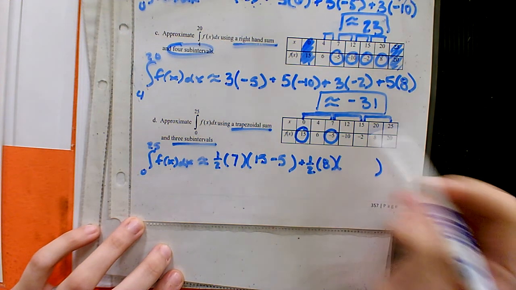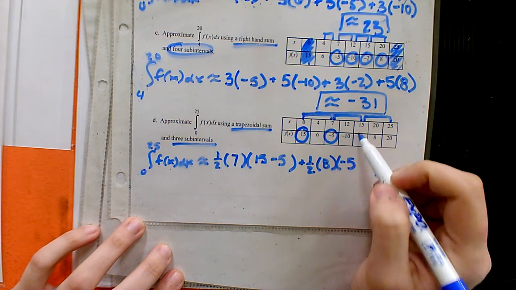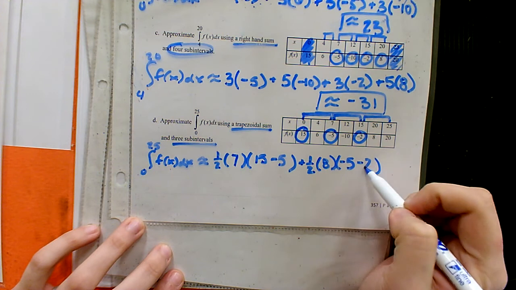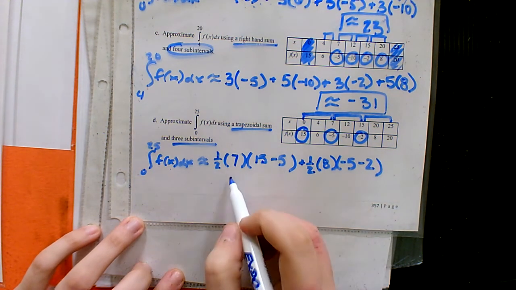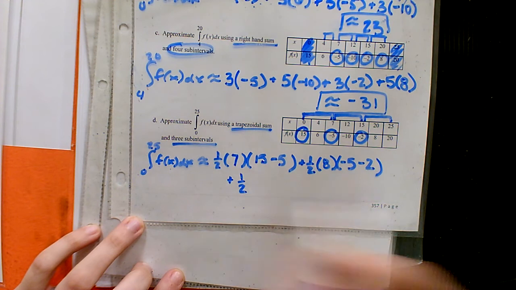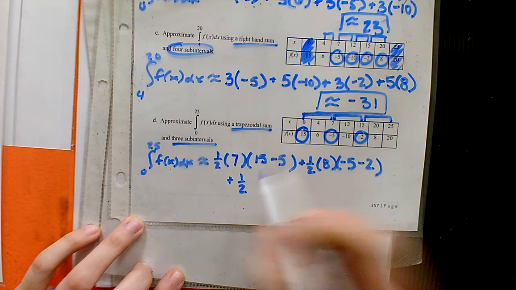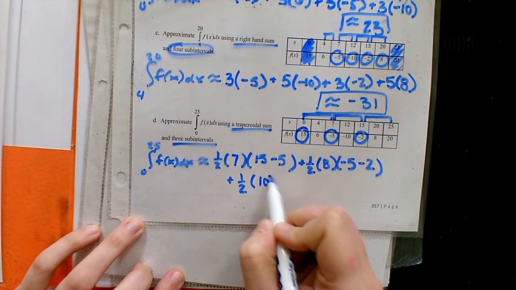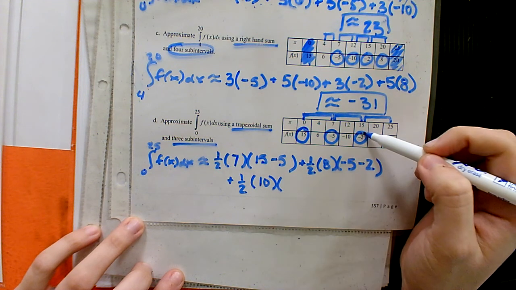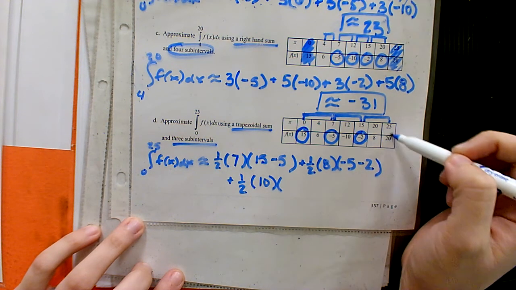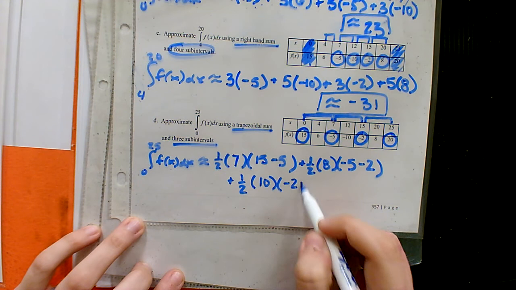And if we add the bases, we're going to have -5 and -2. Okay, last trapezoid, 15 to 25. That's a height of 10. The bases are the 2 ends. So -2 and 20.